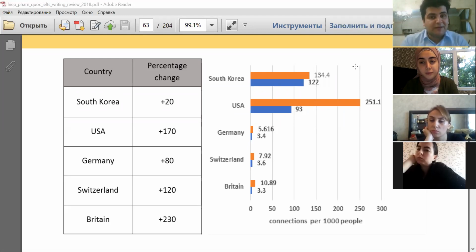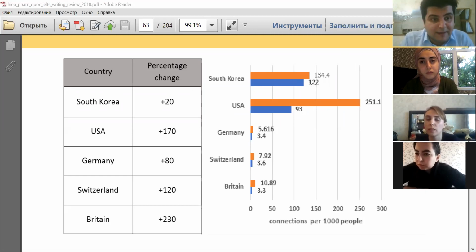And again, coming back to South Korea, when you go from 2001 to 2002, please add the percentage as well. Let's take South Korea.